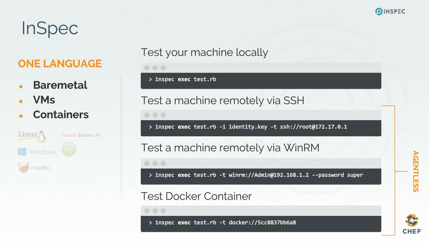Very similarly, that's how it works on Windows over WinRM. But guess what? It also works with containers. If you just have the socket information, very similarly, InSpec will connect to that container, run the controls you've specified, and provide the result for you. Now, all of those remote inspection mechanisms are agentless, which means I have no requirements for installing any kind of software prerequisites on my remote machine.